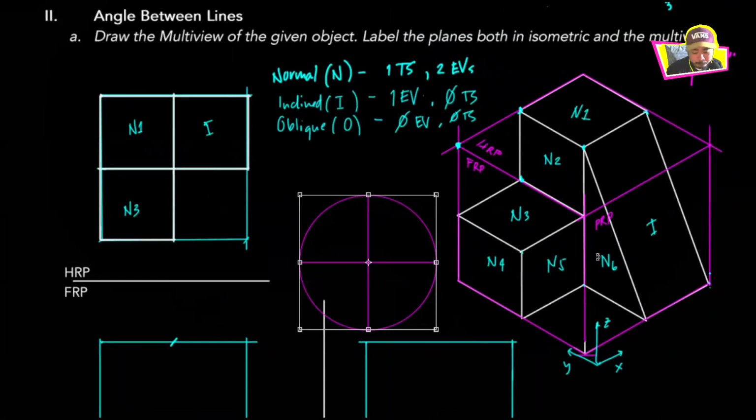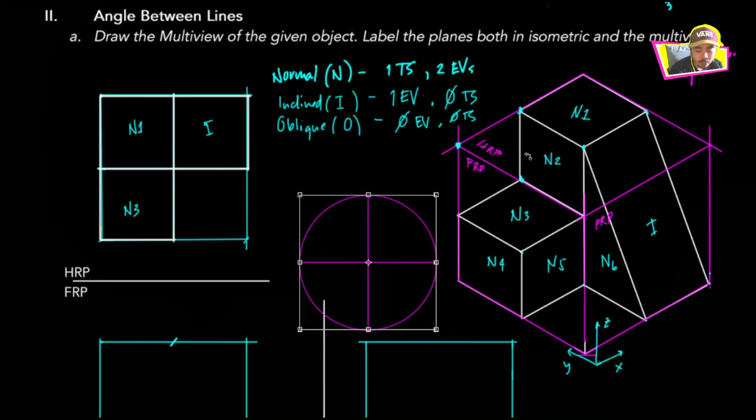And if you remember your theories in parallelism, no, when lines are truly parallel to each other, they should appear parallel in all views, no. So if you look at the HRP, they appear parallel, itong line na to and line na tan.